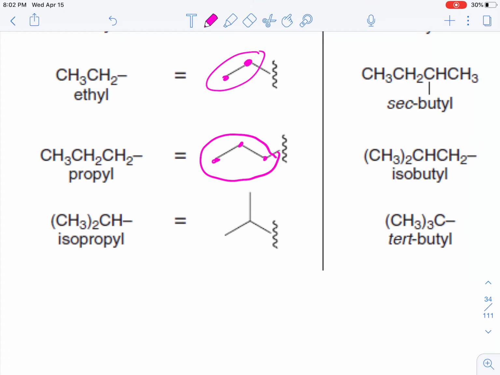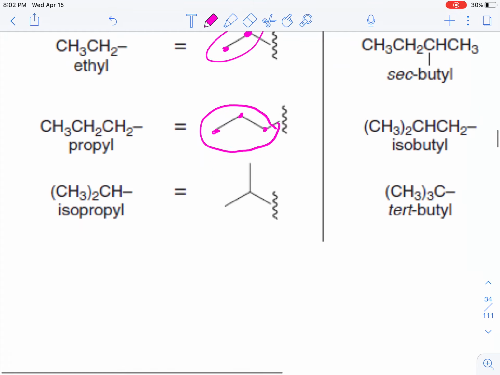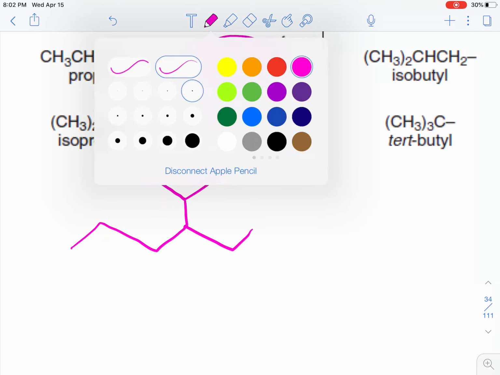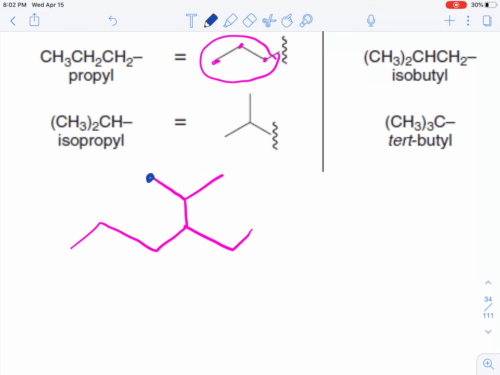Isopropyl has this bunny ears and antenna looking structure. So, for example, if you have something that looks like this, and you have a substituent that looks like this, notice that there are 1, 2, 3 carbons on this substituent, much like how you see it here.